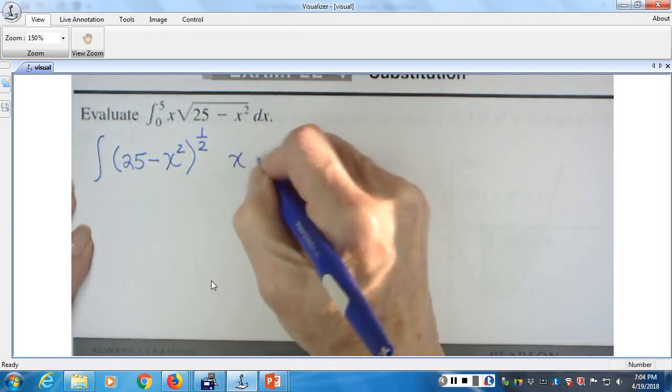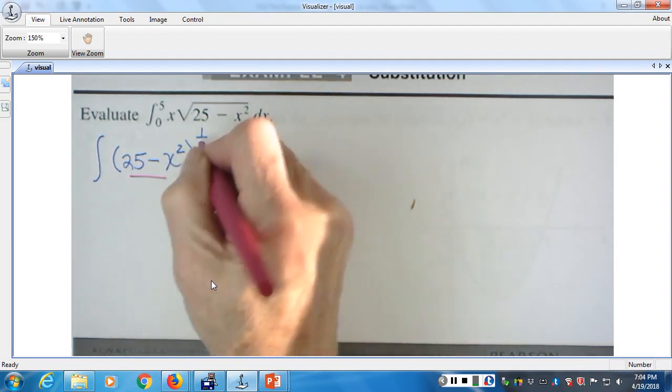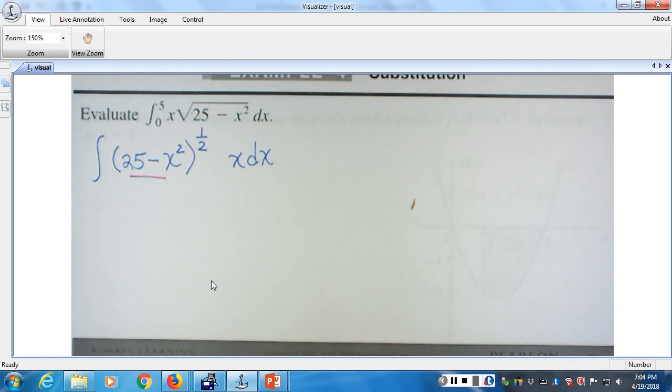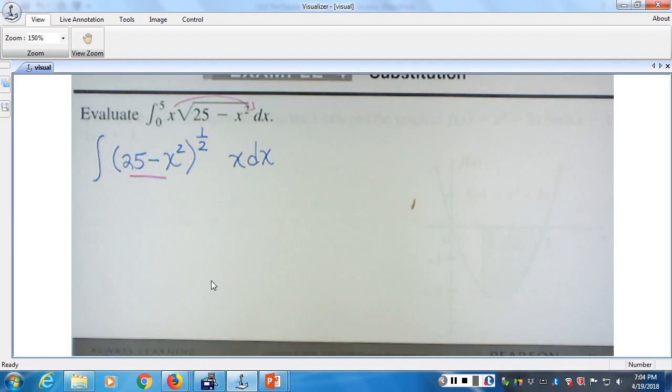And over here is x dx. And this is, as I said, a u substitution because I've got a function raised to a power. I moved it from here over to here. Okay?